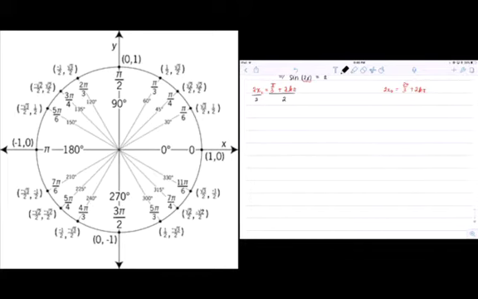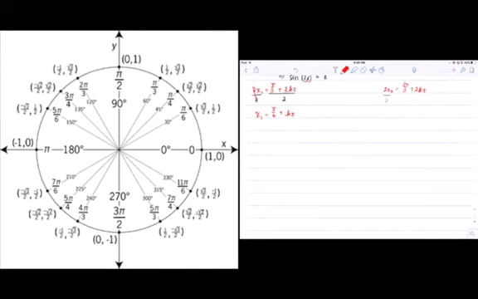Divide by 2. Let's work with the first equation first. These 2's cancel out, so we're left with x1 equal to pi over 3 divided by 2, which is pi over 6, plus 2k pi divided by 2, which is k pi. And then we look at the second equation.